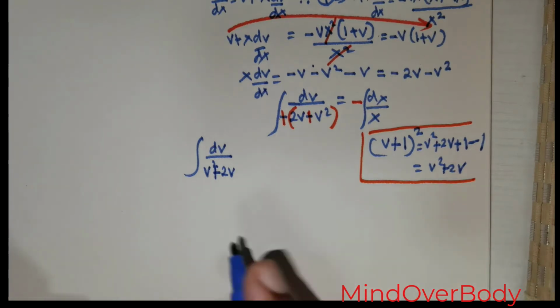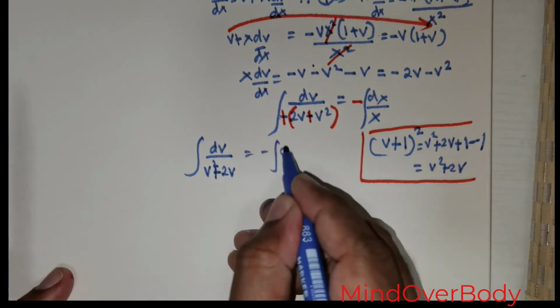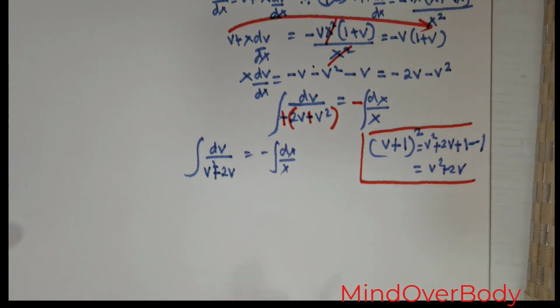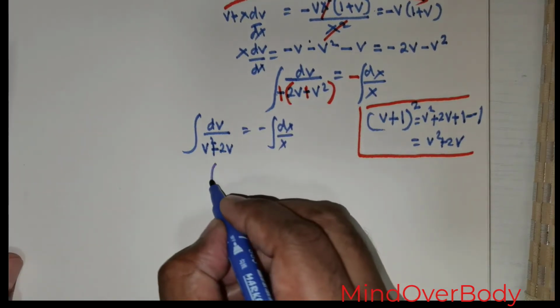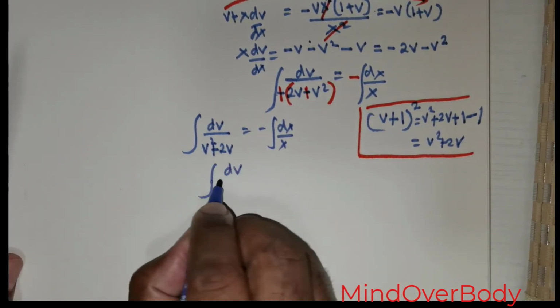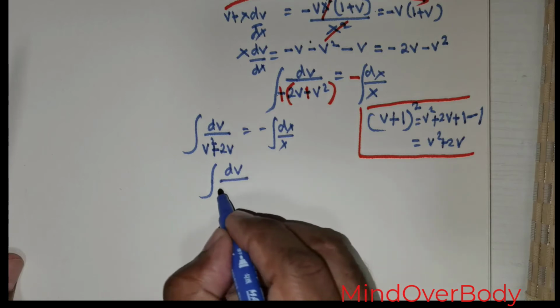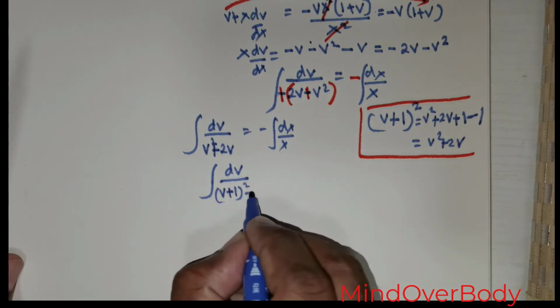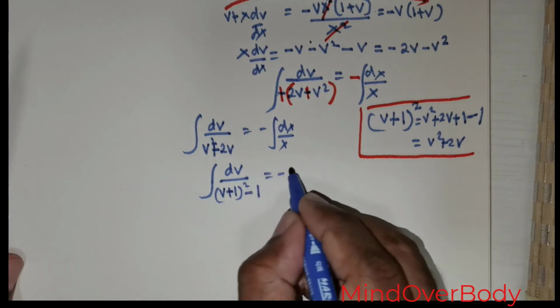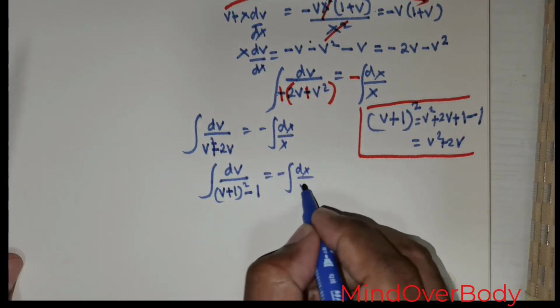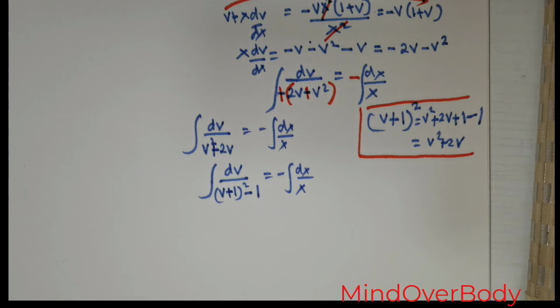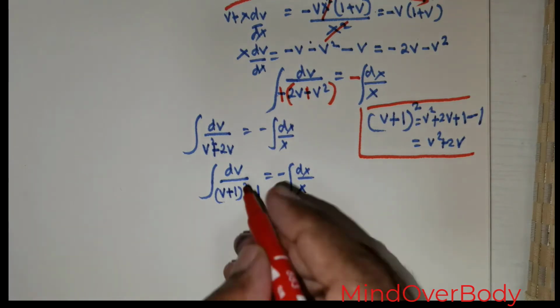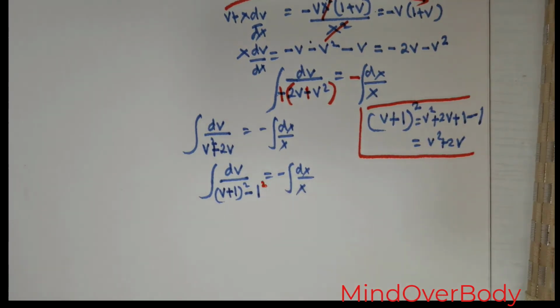So I would rewrite this quantity as integral dv divided by ((v + 1) raised to the power of 2 negative 1), which is equal to integral dx over x. Now negative 1 is the same as negative 1 squared, right?